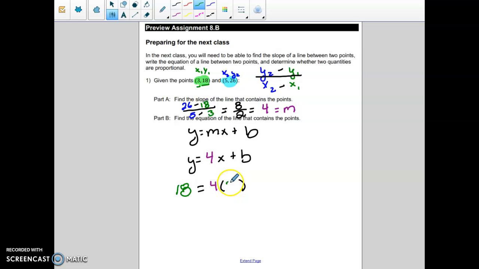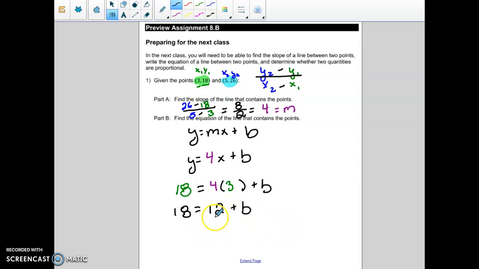So it's really going to be 4 times 3 plus b. Let's clean this up a little bit. Nothing to clean up on the left side: 18 equals 4 times 3, which is 12, plus b here.